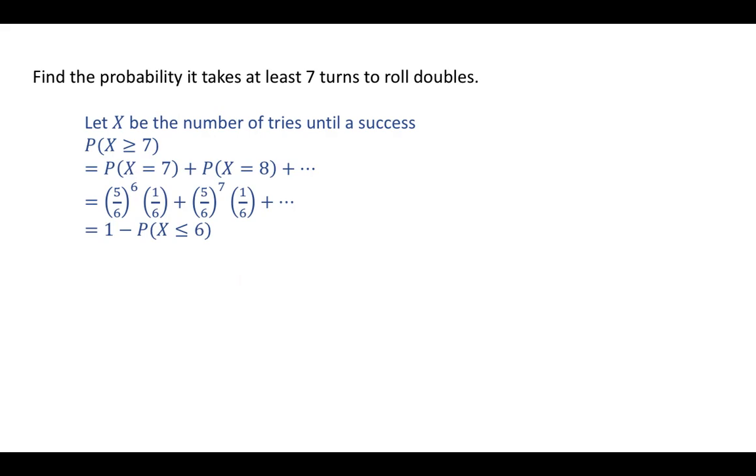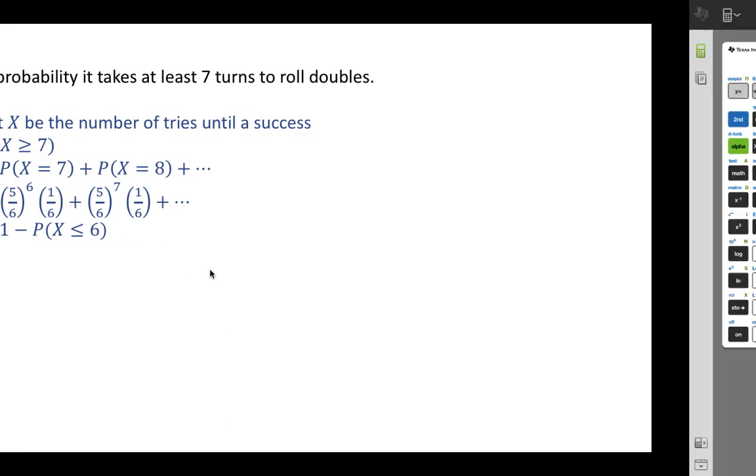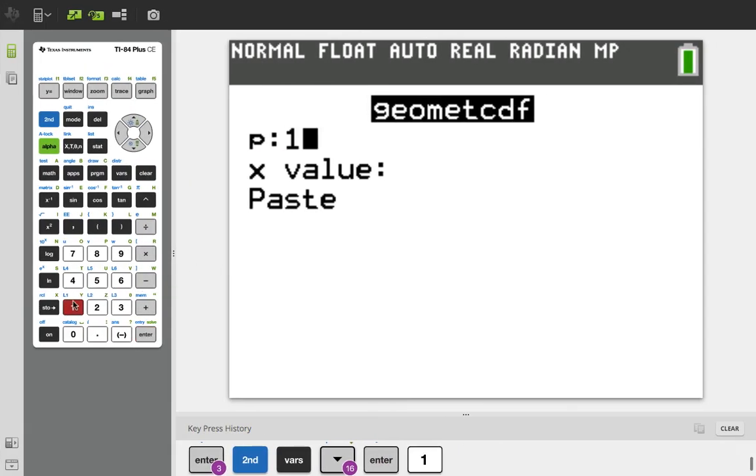So we wanted up to 6, and then we're going to do the complement of that. If we put 6 in, that's going to be the probability that we get a success on the first, second, third, fourth, fifth, or sixth roll.